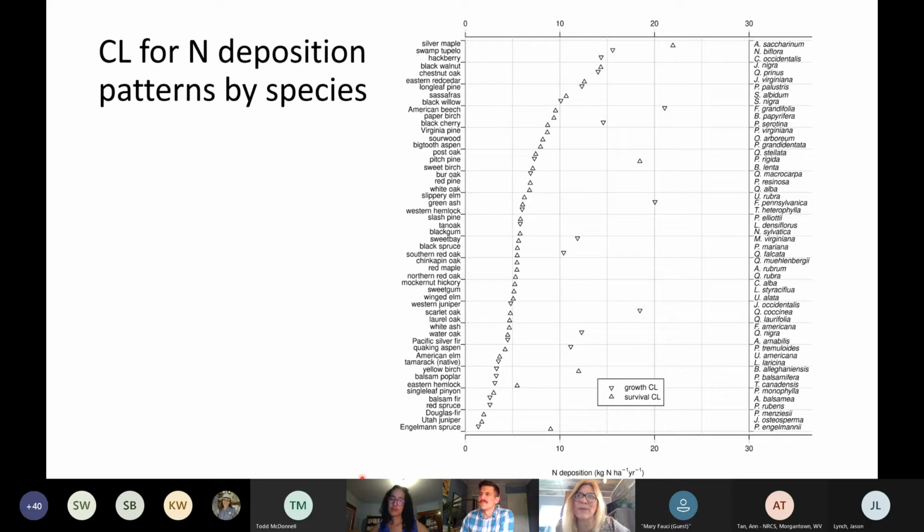Can you talk a little bit about that and what the difference might be here and how this information can be utilized? I think that's a really important issue, and I totally agree that seedling regeneration would be a really important thing to have a critical load for, if you want to think about what's really going to cause a shift in species composition.